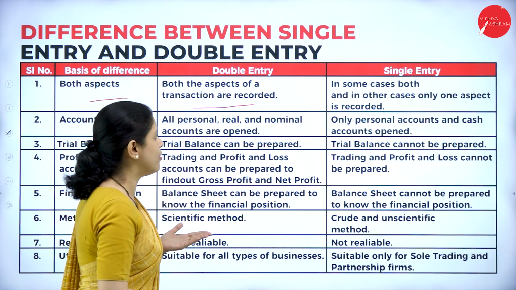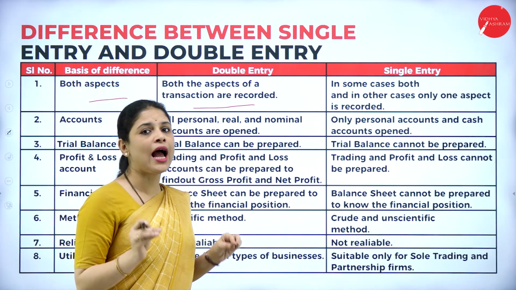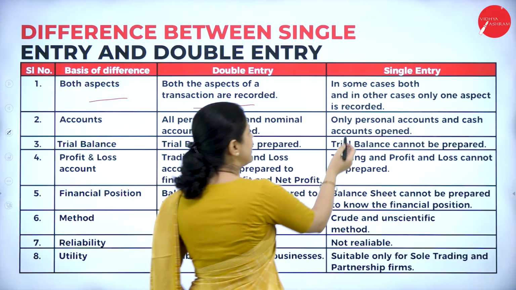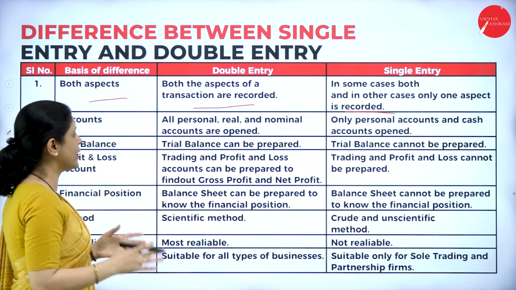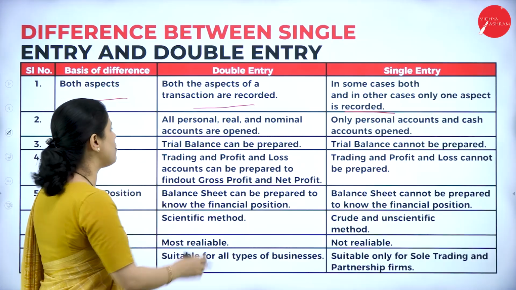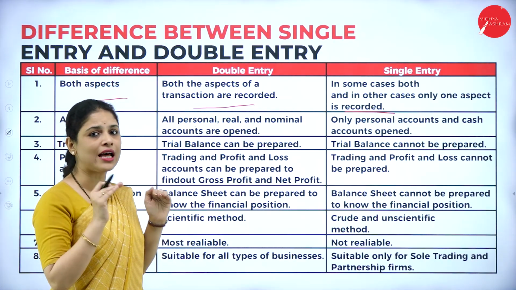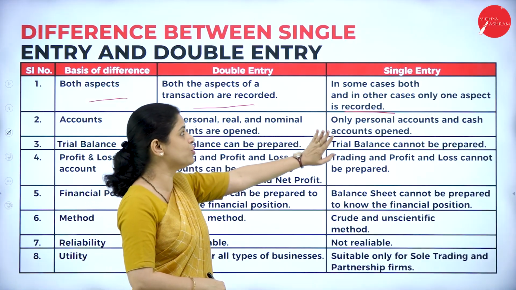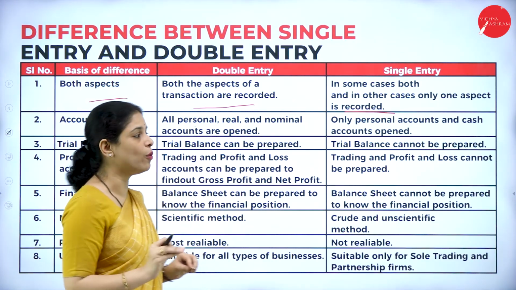But in single entry system, in some cases both, and in other cases only one aspect is recorded. Next, accounts. In double entry system, all the accounts, that means personal, real and nominal accounts, are opened, but in single entry system, only personal and cash accounts are opened.